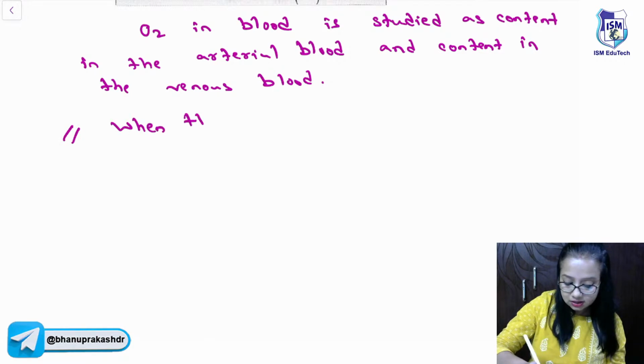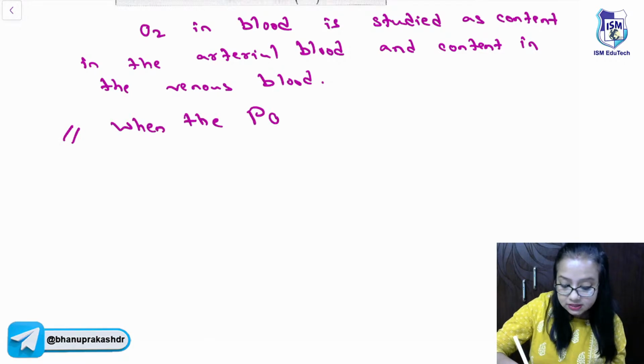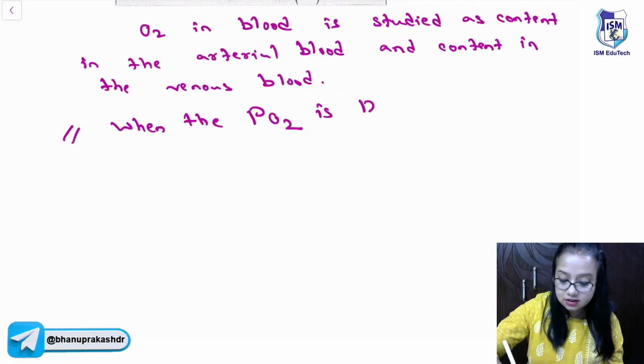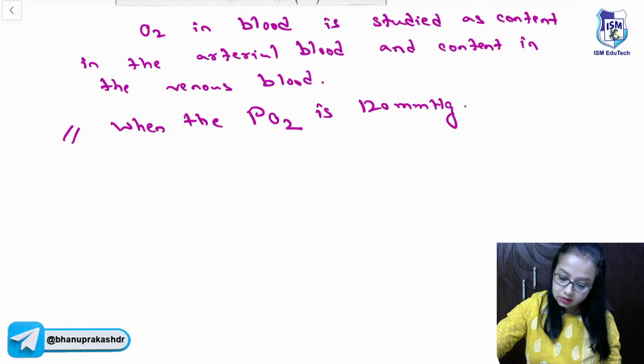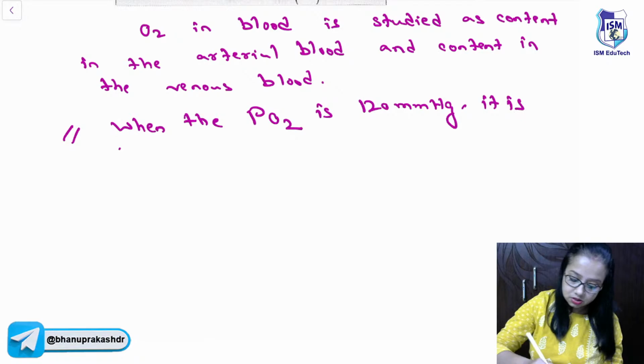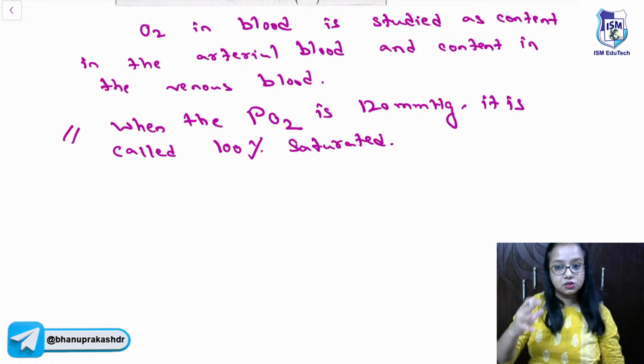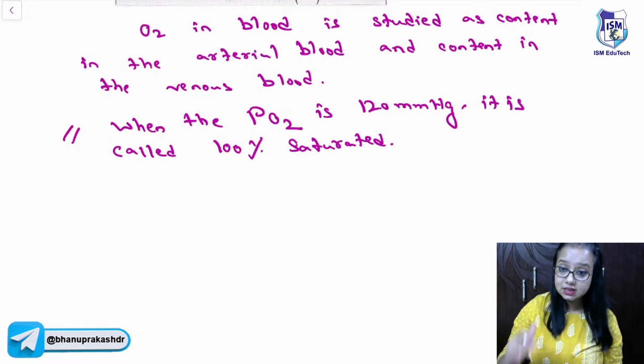Now, theoretically, when the partial pressure of oxygen is 120 mmHg, it is called 100% saturated. So when the partial pressure of oxygen is exerting a pressure of 120 mmHg, it is said to be 100% saturated.